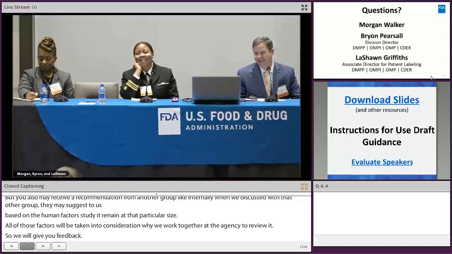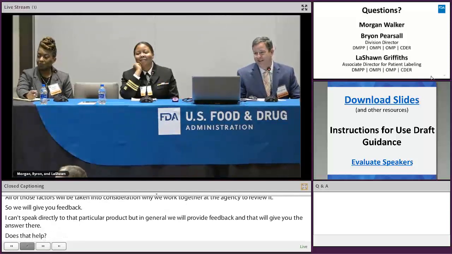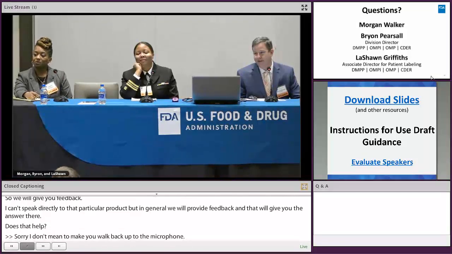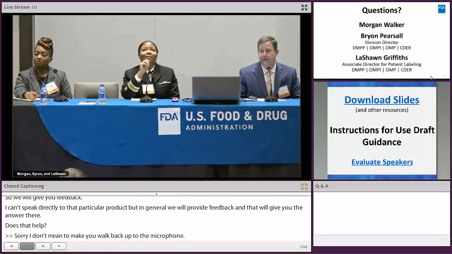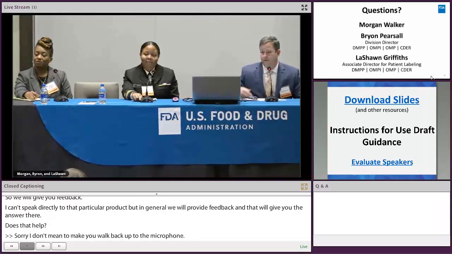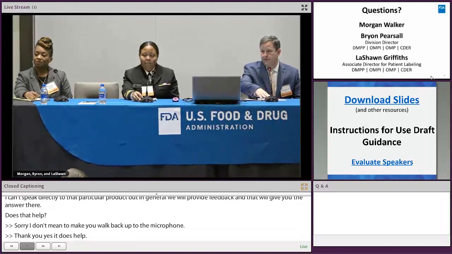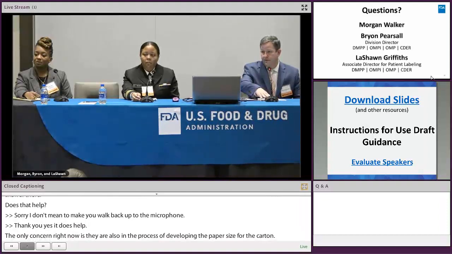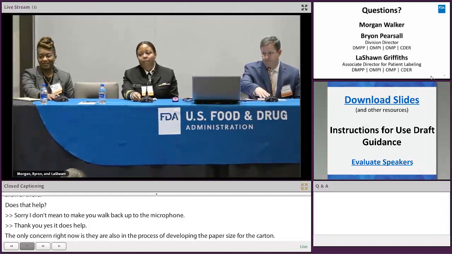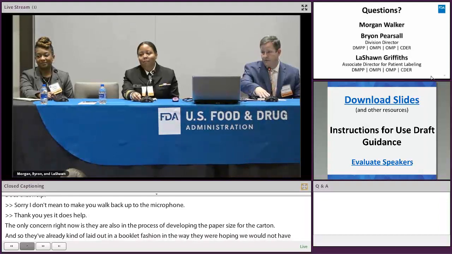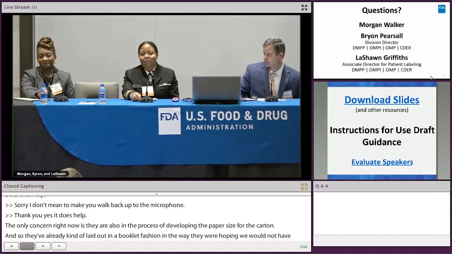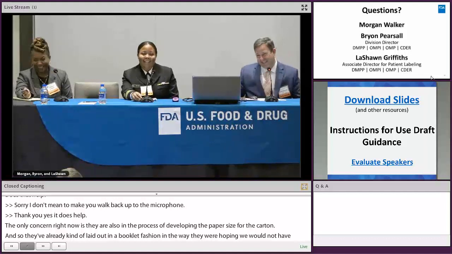Yes, it does help, but the only concern right now is they're also in the process of developing the paper size for the carton, and so they've already laid out in a booklet fashion, and they were hoping that we wouldn't have to bump up the paper size and the font size, but obviously at the end of the day you want it to be readable by the patient, so you have to do your due diligence and comply. Completely understand. Appreciate that.